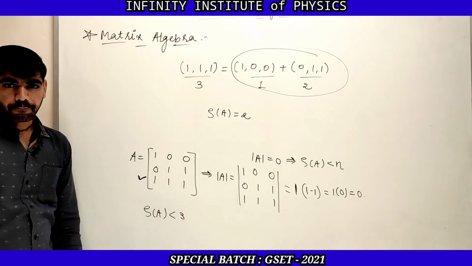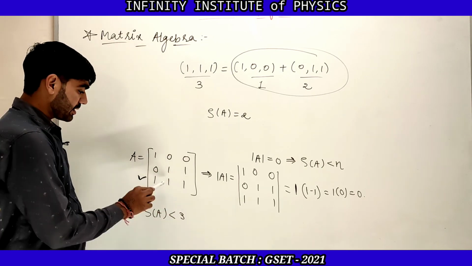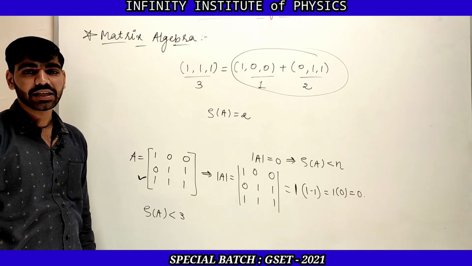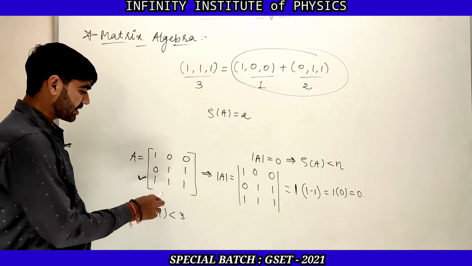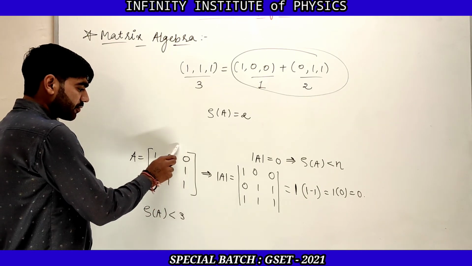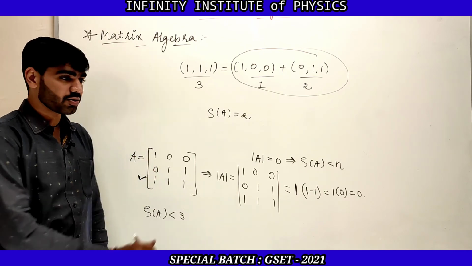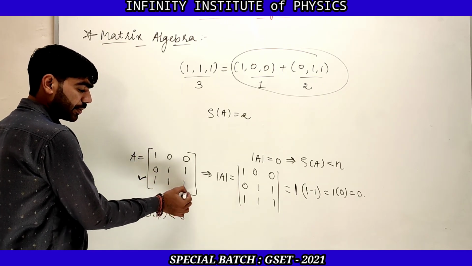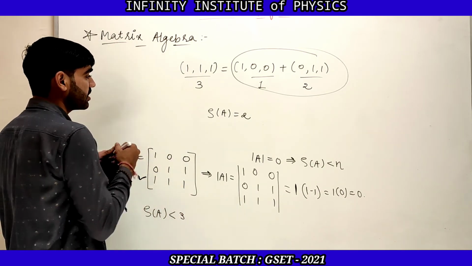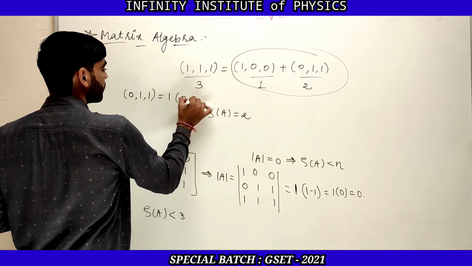Clear? And similarly, directly from the columns you can see that the second and third columns are equal. Directly from the matrix you can say that the second and third columns are both equal. So from these two we can consider rank only 1, because this is a multiple of this, or this is a multiple of this, with k equal to 1. This can be written as 0 1 1 is equal to 1 times 0 1 1.